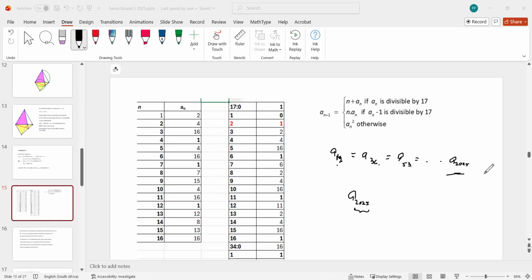So A2025 is the same as A19. And A19, as we saw, is 1. So A2025 is 1. Well, actually, the remainder.